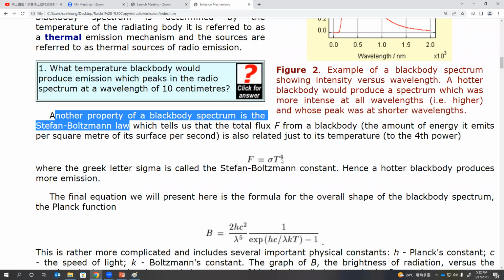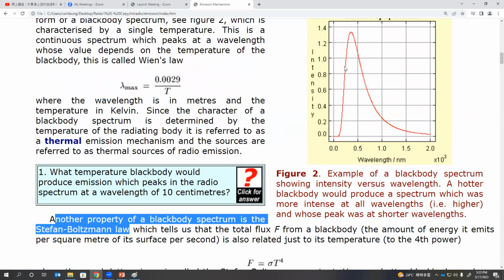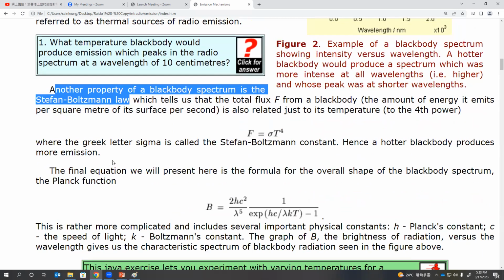And you see, to the power 4, this is a very large value. If you put temperature equal to 100 Kelvin to the power 4, can you understand how much the order of magnitude increases? So that's why it increases rapidly on this side, the short wavelength side.